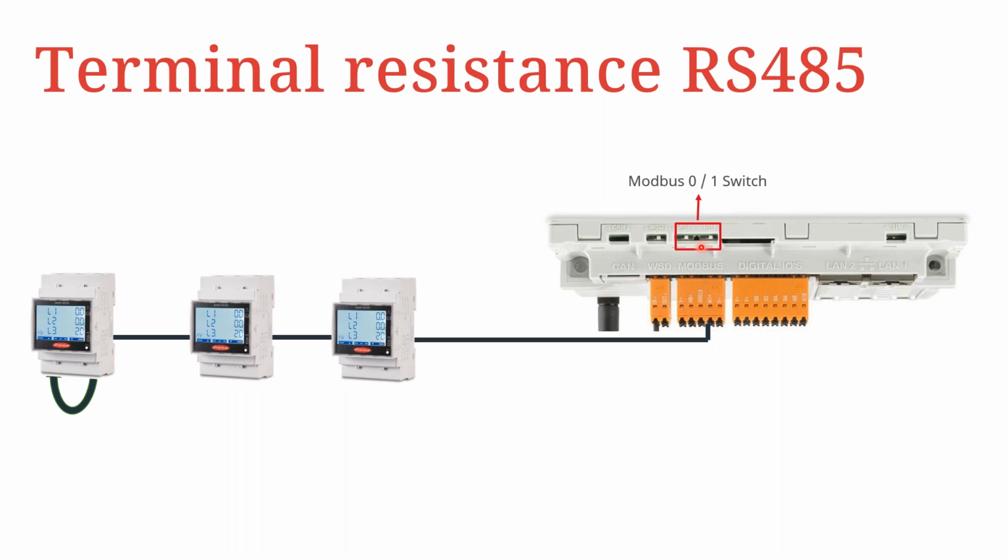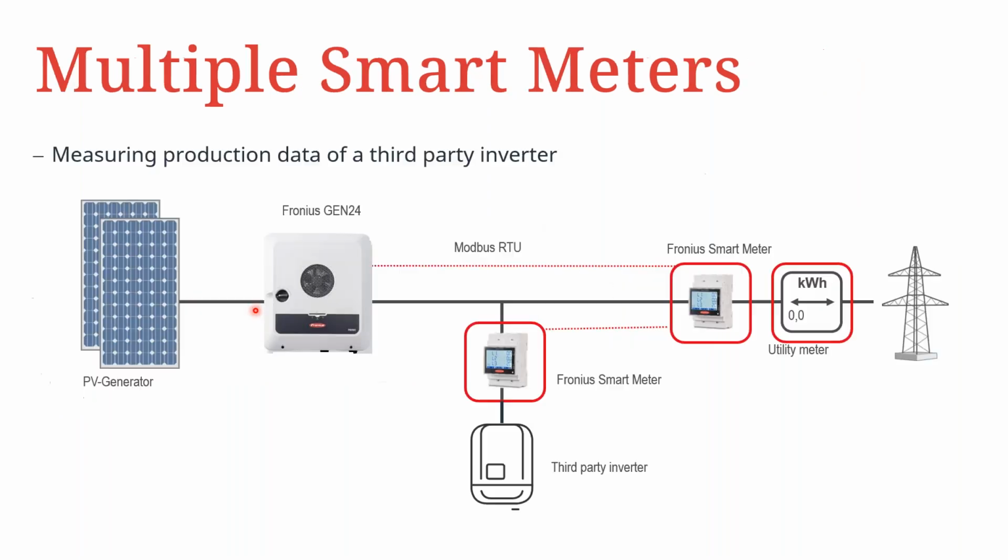If you're talking about the newer inverters with the pilot communication card, we have 2 Modbus channels, and you can put the dip switch in the on or off position. Depending on which channel you're using, you have to activate the terminal resistance by putting it in the on position. All the other smart meters or Modbus devices in between the first and the last one do not require terminal resistance, and therefore it should not be activated.